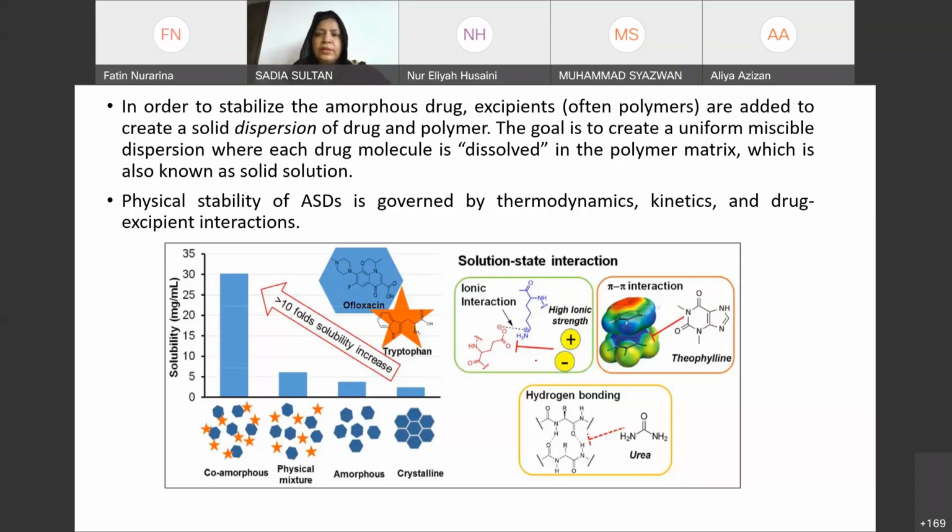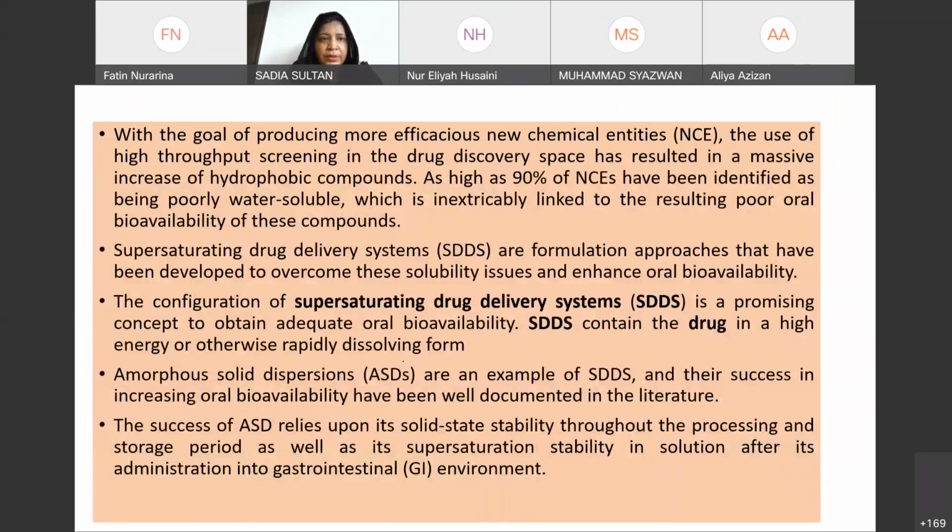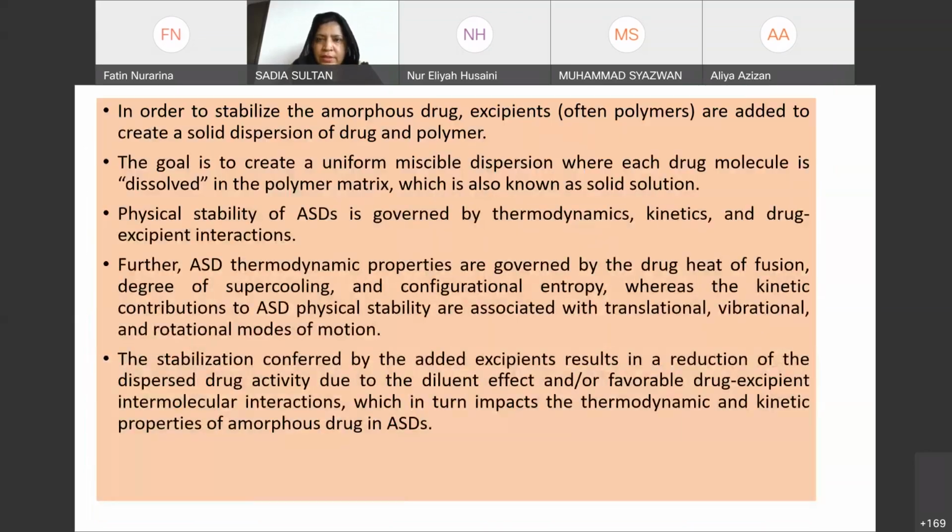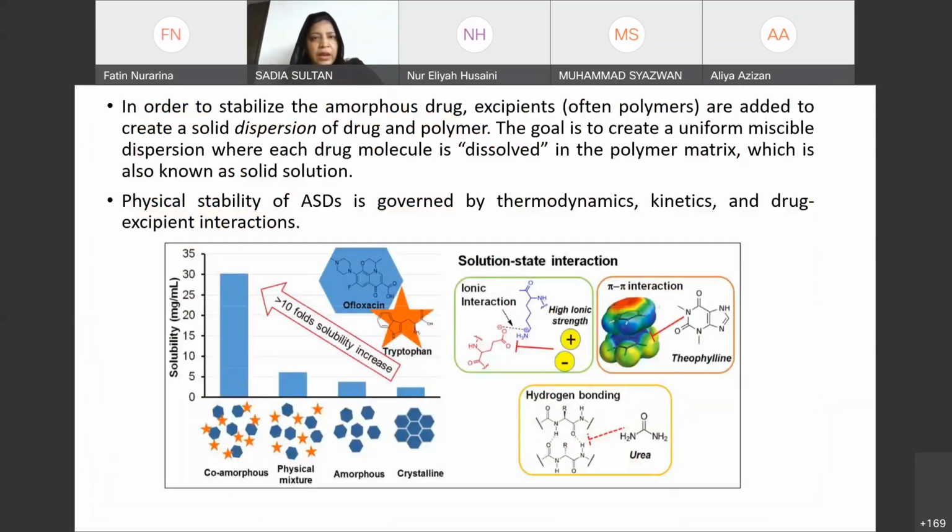So all these excipients help the drugs to be absorbed or increase bioavailability due to these solid state interactions, either ionic, pi or hydrogen. So amorphous solid dispersions help us increase the bioavailability, and it comes under supersaturating drug delivery systems.